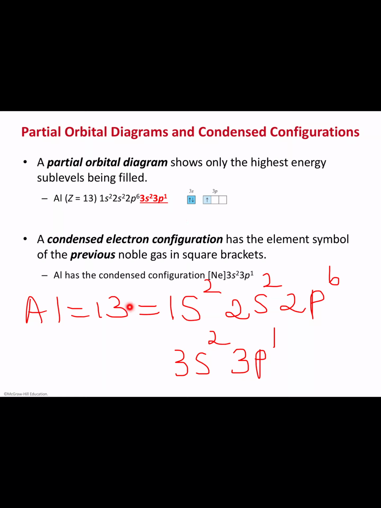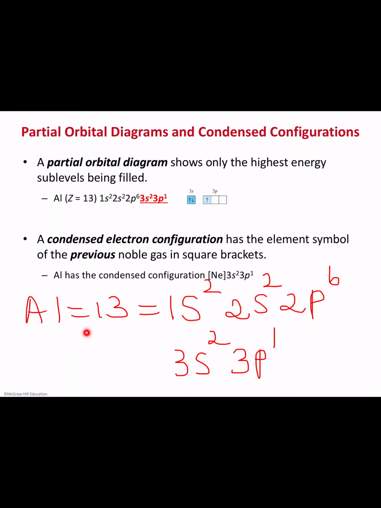And another way that we can represent electron configuration is the condensed electron configuration. In the condensed electron configuration, we write the symbol that represents the noble gas configuration that you find before the atomic number.